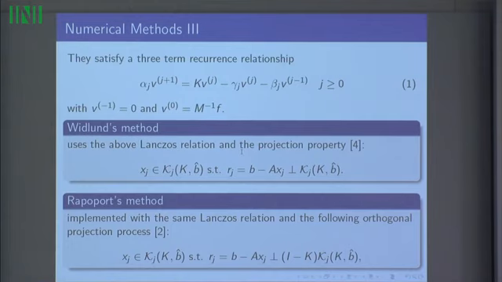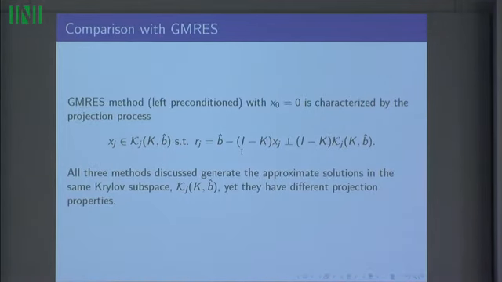And this reminds us of GMRES for left preconditioned systems. And if you would like to write GMRES in a similar way, we get this. But here the difference comes from the preconditioned residual, which should be orthogonal to the same space as in Rapoport's. But all these three methods, is there a question?